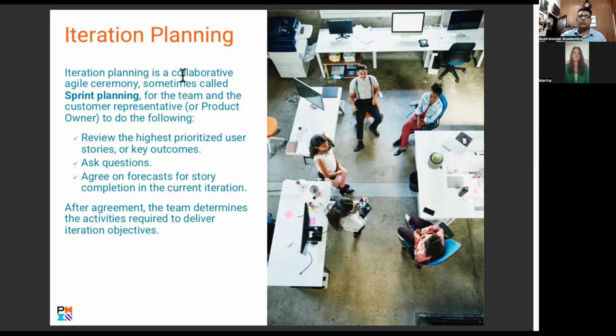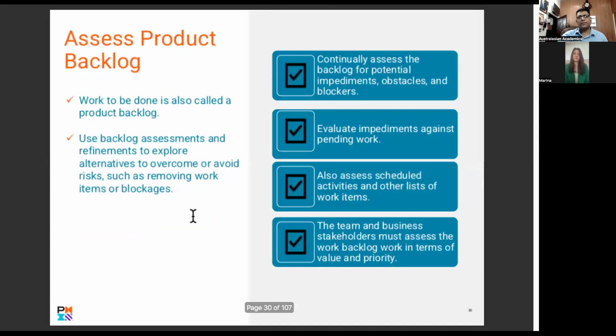After the agreement, the team determines what they need to do, what activities they need to pick and select, and they're required to deliver the iteration objective. Product backlog assessment: work that needs to be done, also called product backlog.